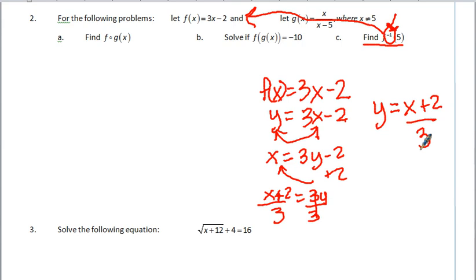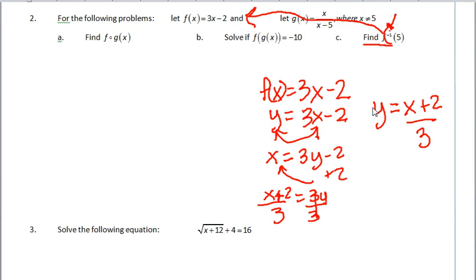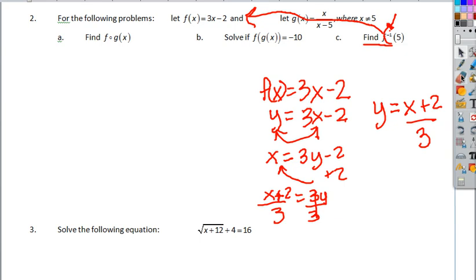And then what you've got to do is plug a 5 in for your x. Now that we have solved for y, we switch the x and the y, and we solve for y, we're going to plug the 5 in for our x, because remember the number for x is always in the parentheses.